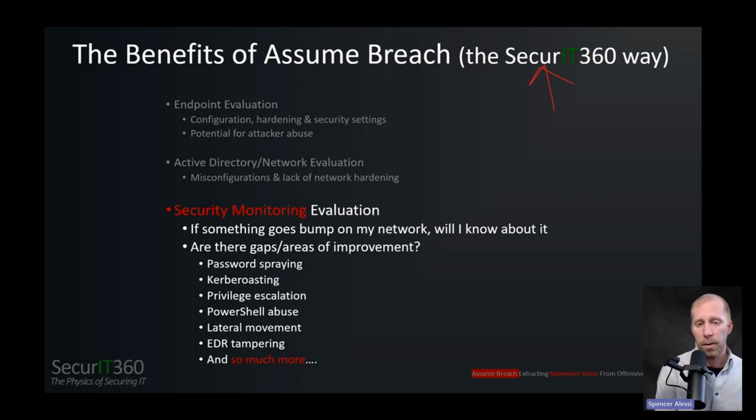Well, it might be a good idea at that point to do some more evaluation of that and figure out, what exactly am I getting alerts on? What am I not? So maybe that leads to a purple team, or maybe it leads to another type of assessment that can help you hone in on what's wrong in your environment. So security monitoring evaluation is a really big component of this as well.